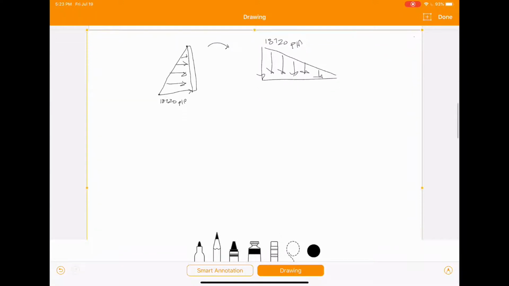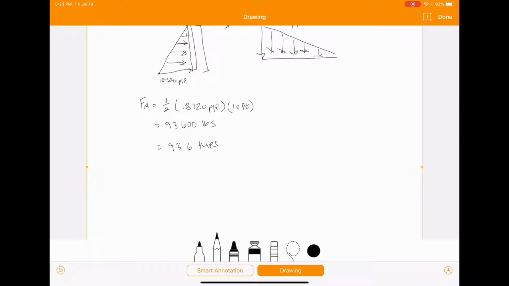We can get a resultant force of 1/2 base, 18,720 PLF, times height, which is the length of that gate, which was 10 feet. And you will get that the resultant force is 93,600 pounds, which is also 93.6 kips.